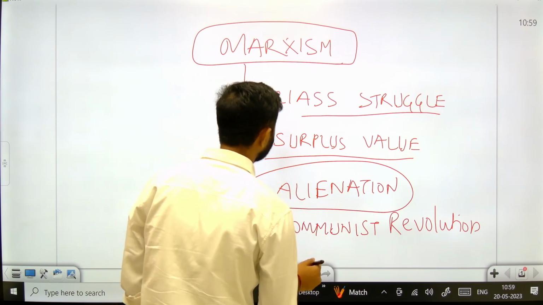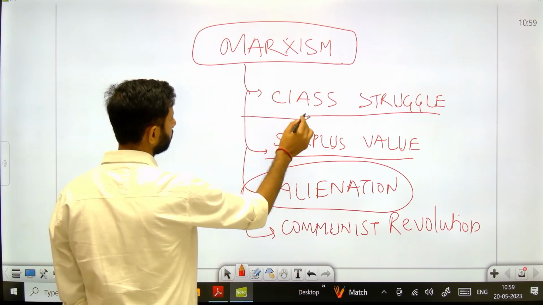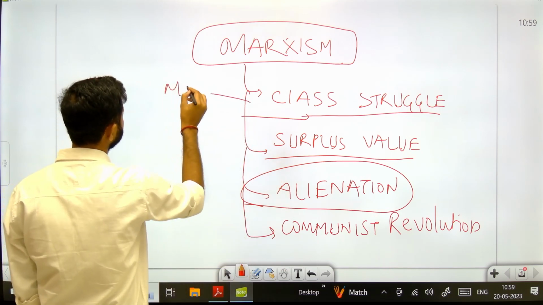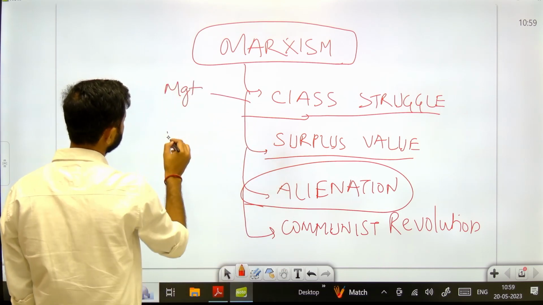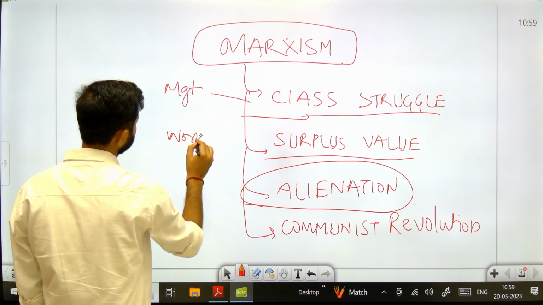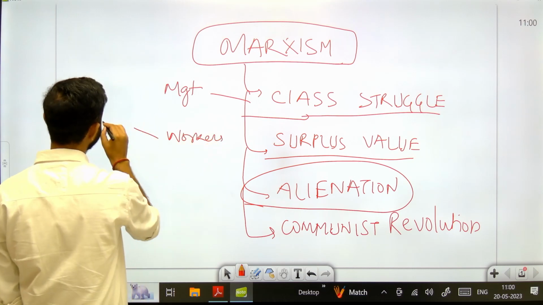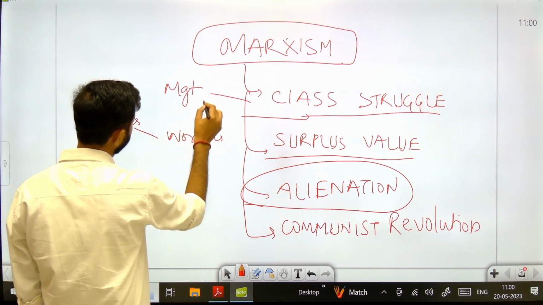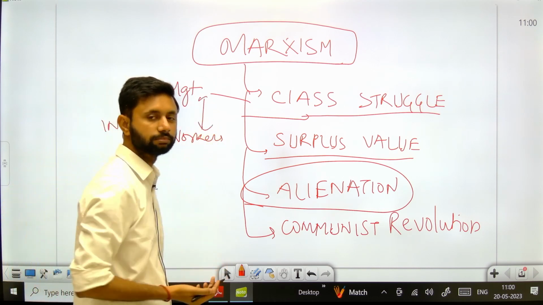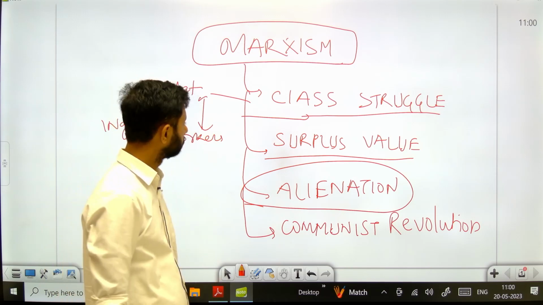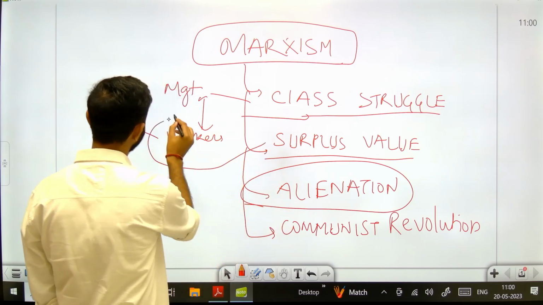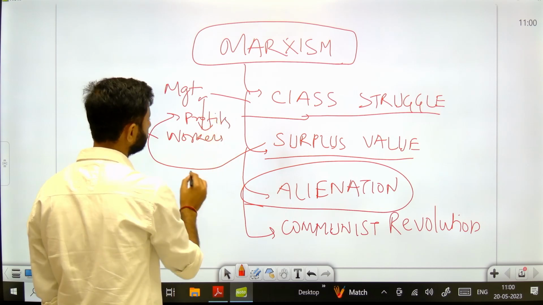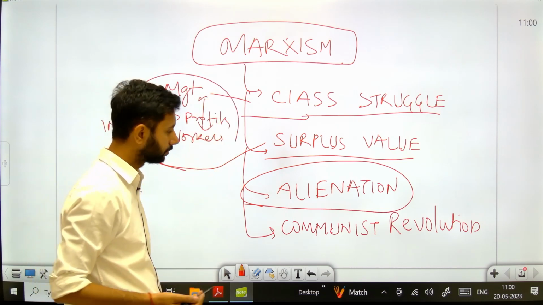See class struggle in terms of stakeholders. We will see management and workers. Workers want increased wages, management wants to reduce cost, so obviously they'll continue to be in struggle. Marx says this. Surplus value, profits, similar interpretation.